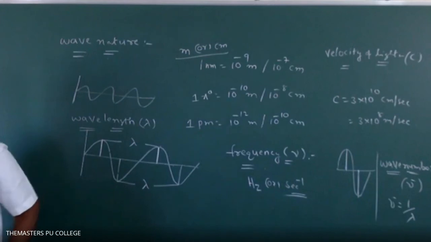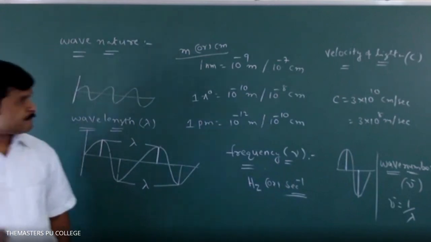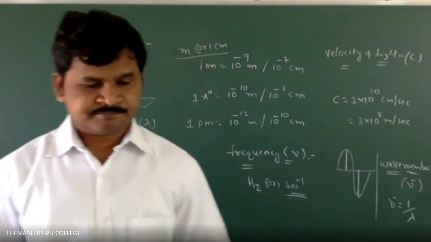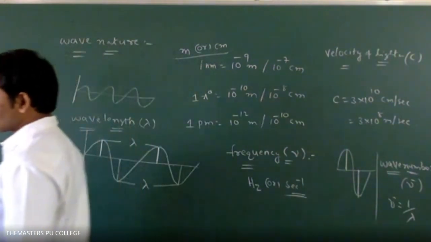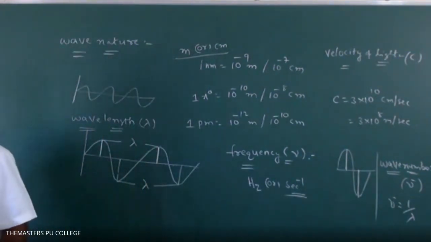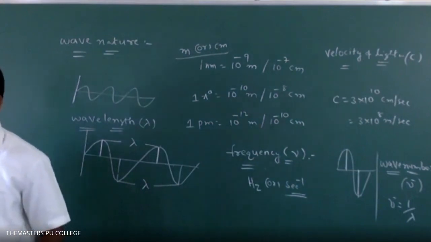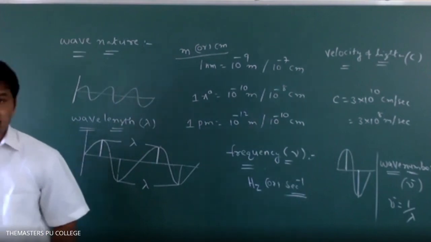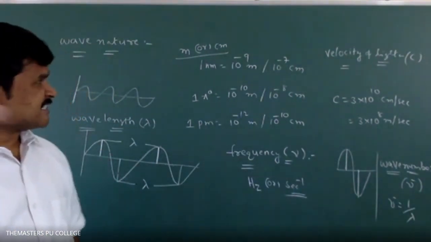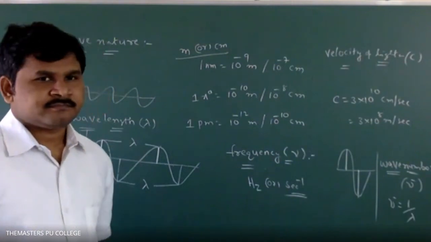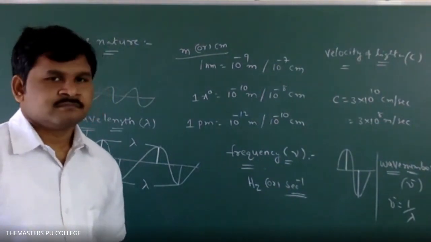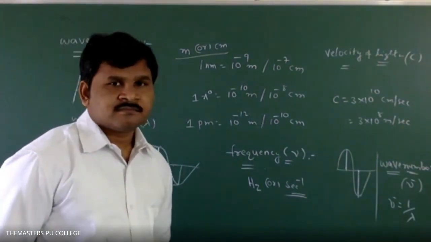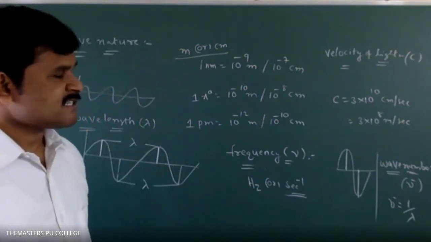Next, velocity of light or velocity of wave. The distance traveled by a wave in 1 second is called velocity of wave or velocity of light.